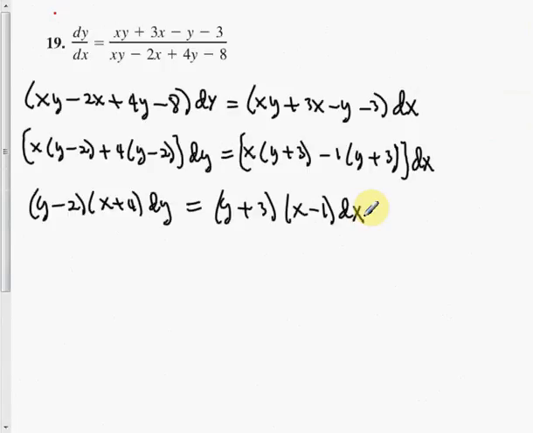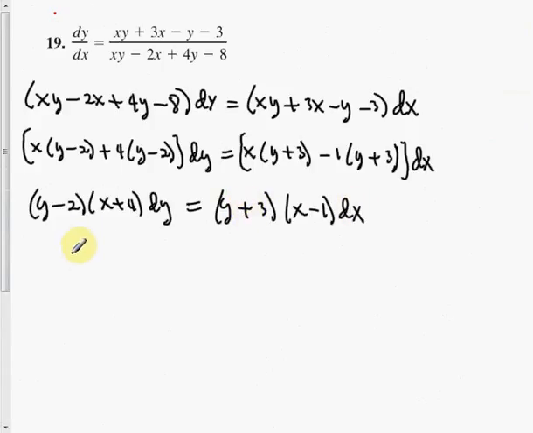So now it's in a manner that we can get the x's and dx's together, and we can get the y's and dy's together. So here, I'm going to leave that y minus 2 there because I have a dy right there. But I don't need that x plus 4 there, so I'm going to divide both sides by x plus 4. And then on the right side, I have that y plus 3, but over here is a dx. I'm going to divide both sides by y plus 3.